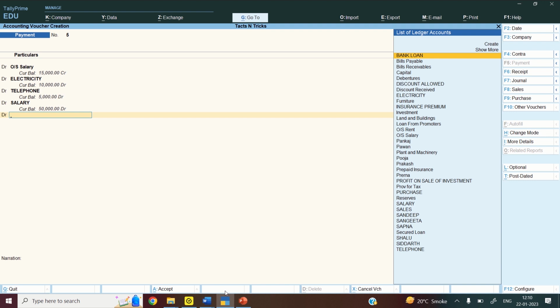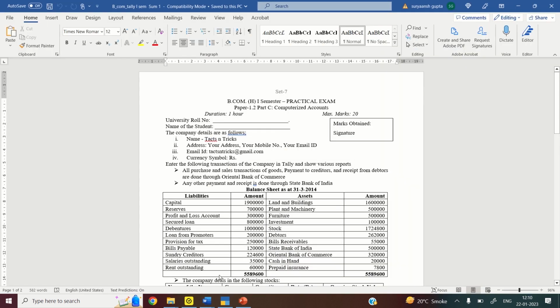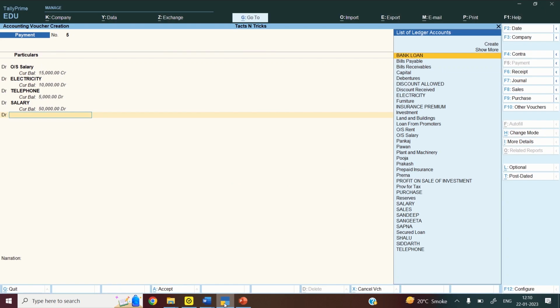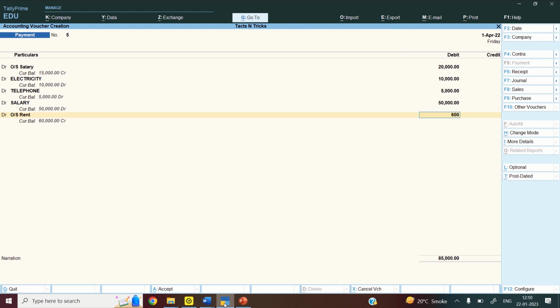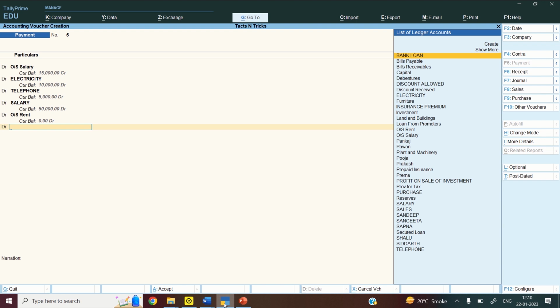Now if you see in the balance sheet, the outstanding rent given to you is 60,000 and you have paid this rent. So I will say that outstanding rent of the last year is being completely paid, 60,000. So now out of the total balance 80,000, 60,000 is the outstanding rent which is paid.